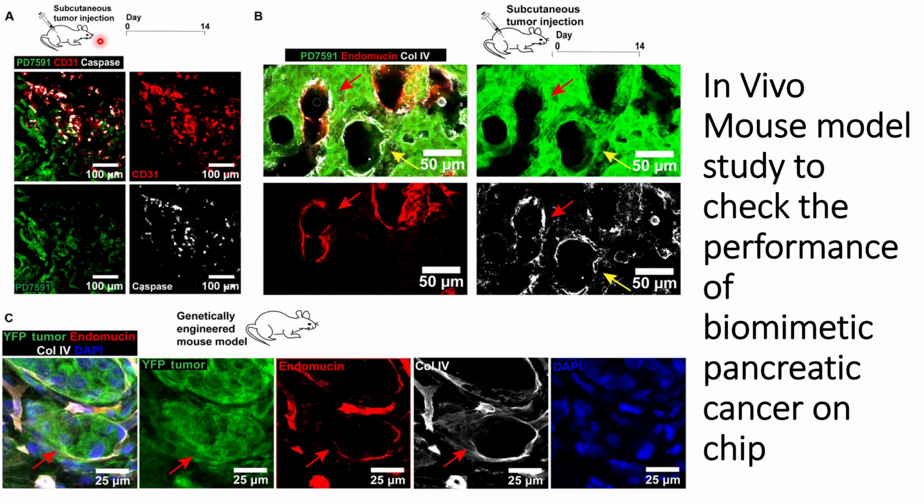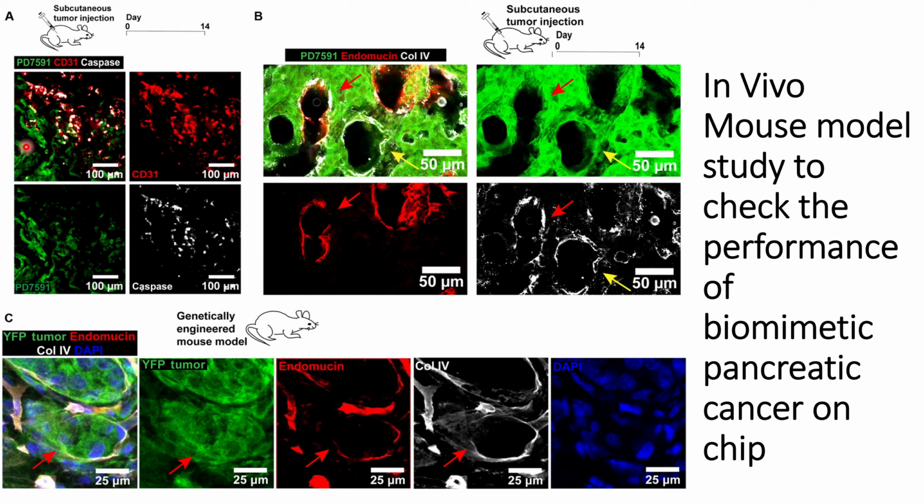So what they did is they subcutaneously injected the tumor on a day and considered it as day 0, and after 14 days they observed the tumor cells, endothelial cells and apoptotic factors, and they can see that the endothelial cells which are close to the tumor cells have the signals for these apoptotic factors, which is represented by this white color.